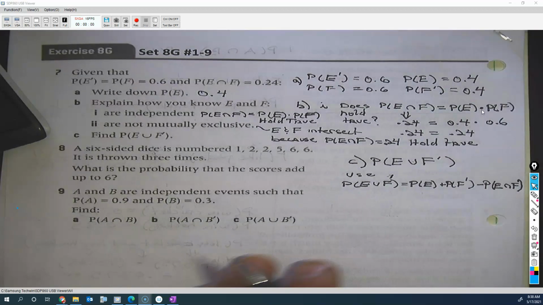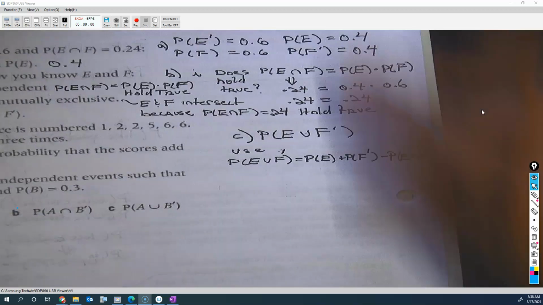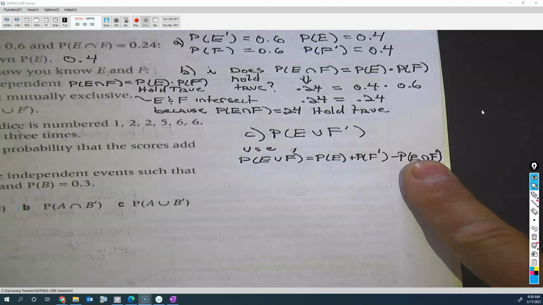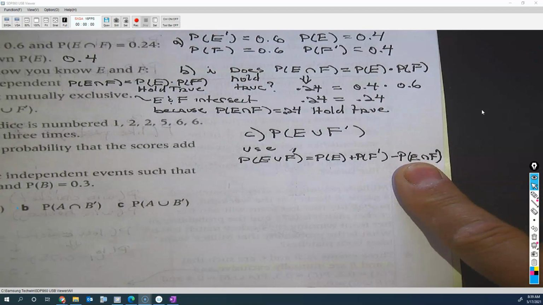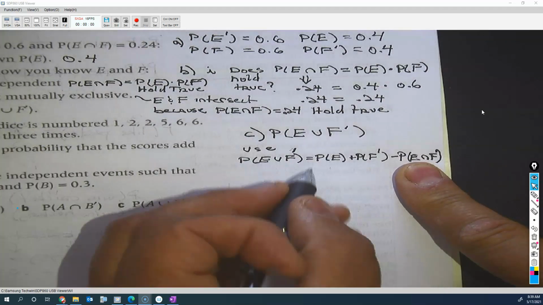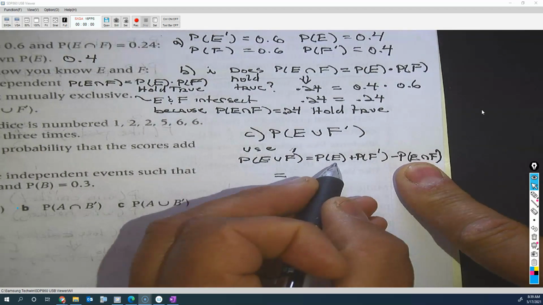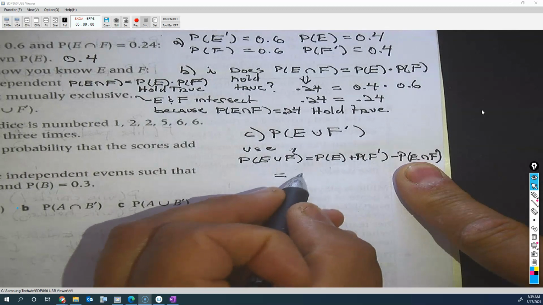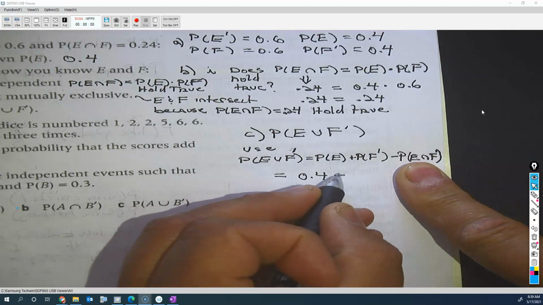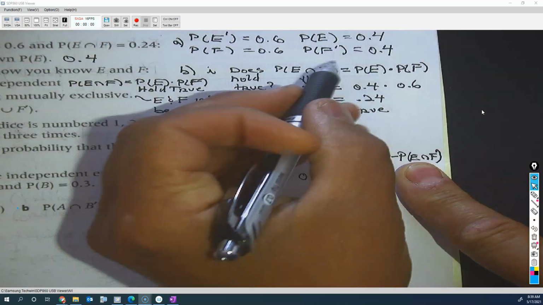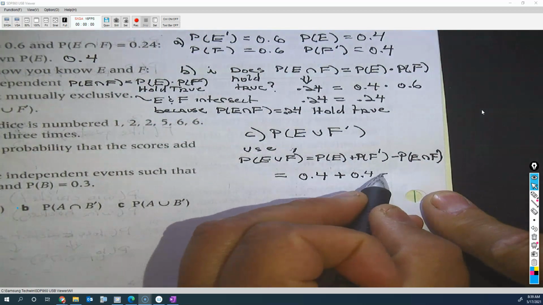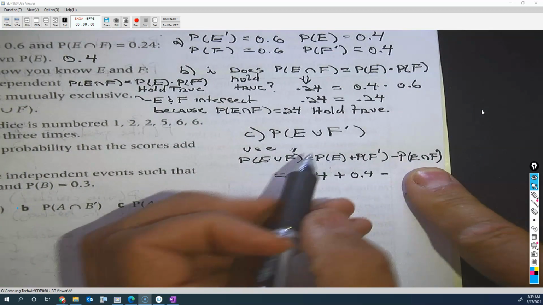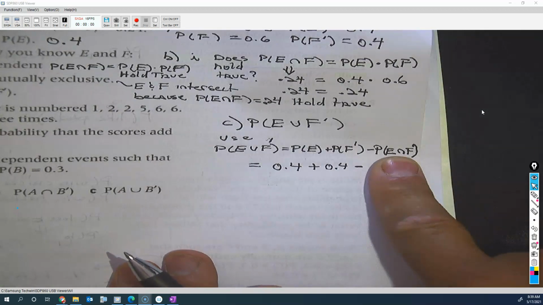That's the intersection. So let's see. P of E, 0.4, plus P of not F, 0.4, minus, now we've got to find the intersection of those two.